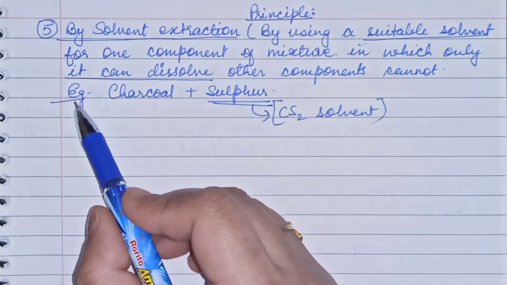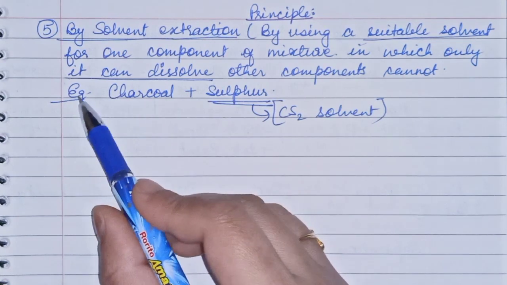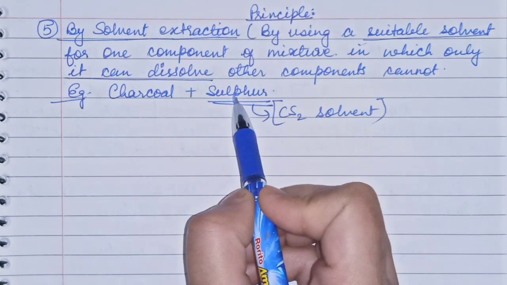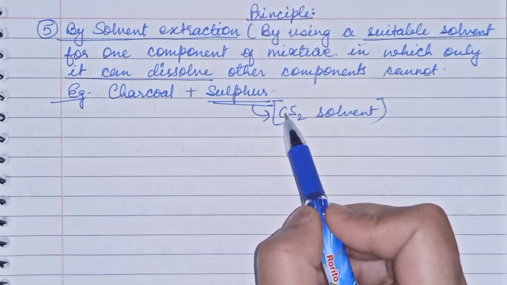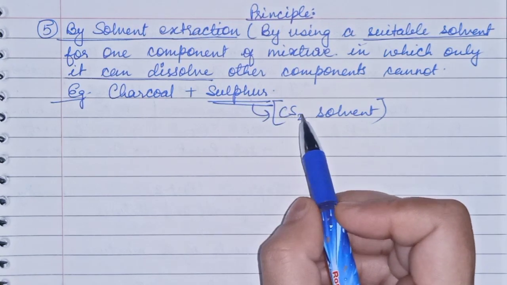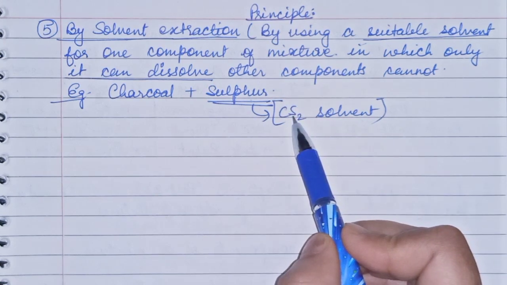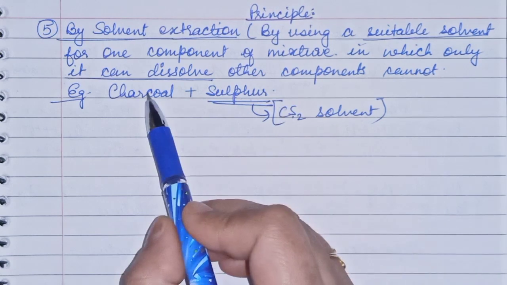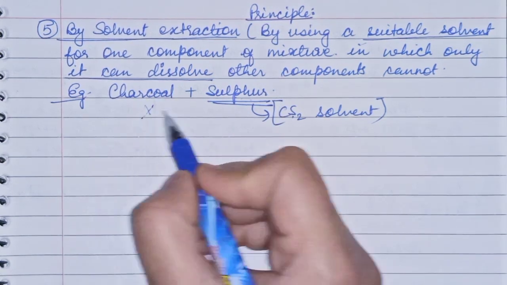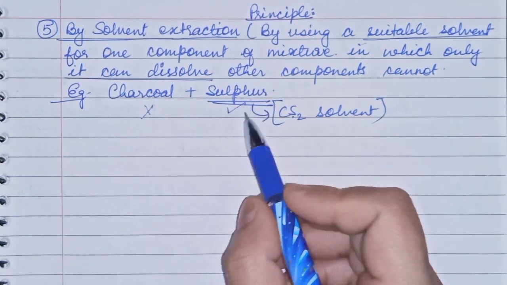Let us take an example of charcoal and sulfur. Wherever sulfur is there, children, you will use the solvent CS2. CS2 is carbon disulfide, the solvent in which sulfur can dissolve but charcoal cannot. So what will we do next?